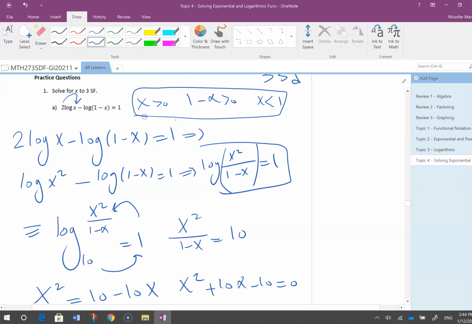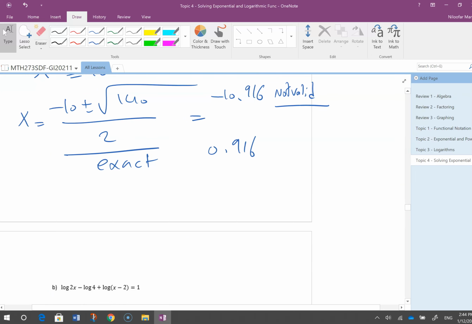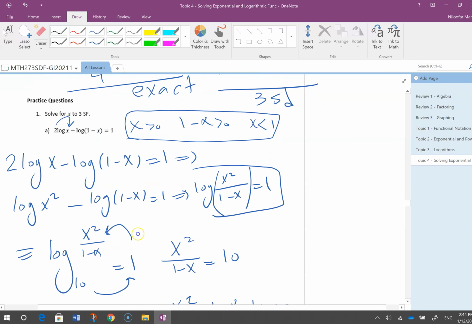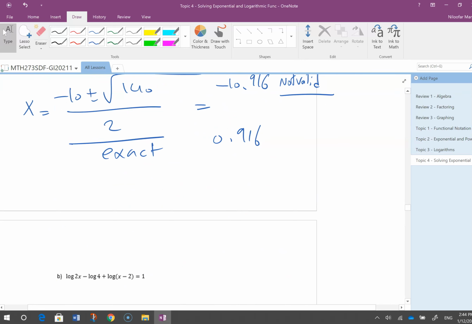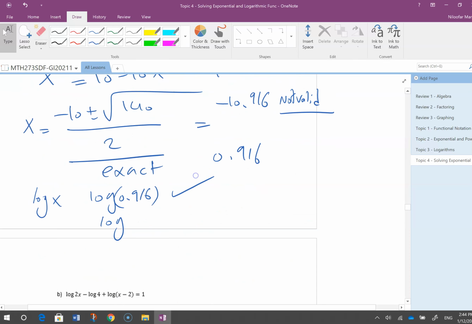Let's say you don't notice this. You don't do this, but you do this: you check each answer in the equation. I have logarithm of x, so logarithm of 0.916. That's good. Logarithm of 1 minus 0.916 is also fine.